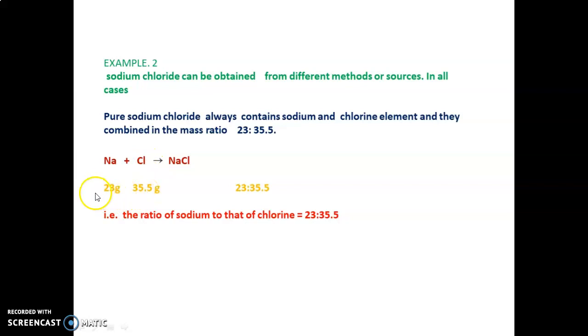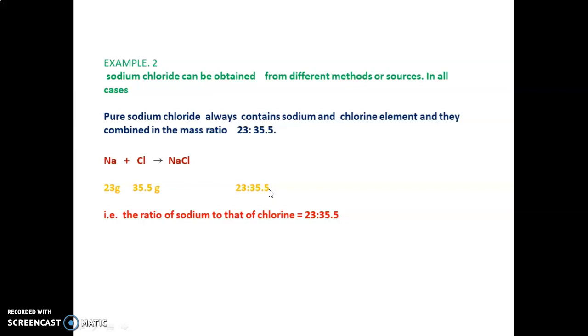Here the mass ratio between sodium and chlorine, that is the ratio of the mass of sodium to the mass of chlorine, is 23 is to 35.5. In all the examples we have discussed, the mass ratio between sodium and chlorine is always 23 is to 35.5.